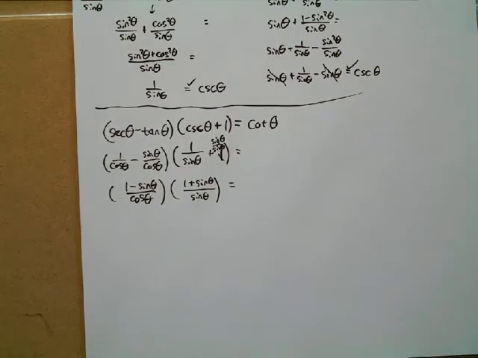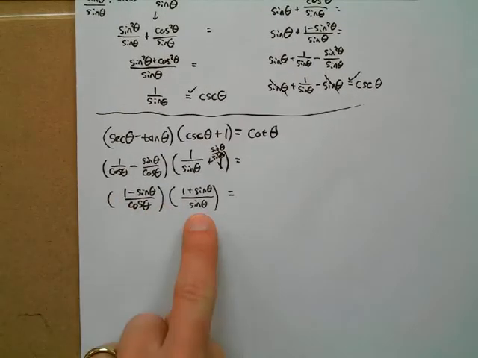We've got a common denominator here, a common denominator here, and now we're multiplying. So we don't need a common denominator between these two things. We can just multiply if we need to here. So what should be our next step?